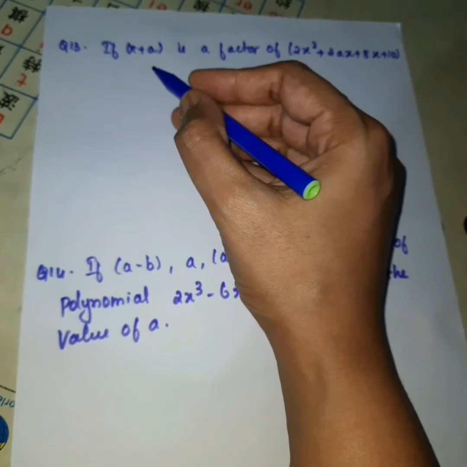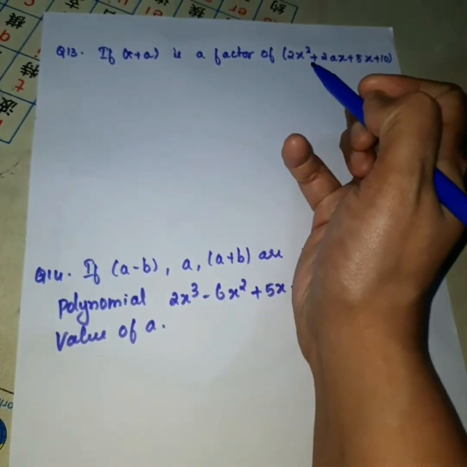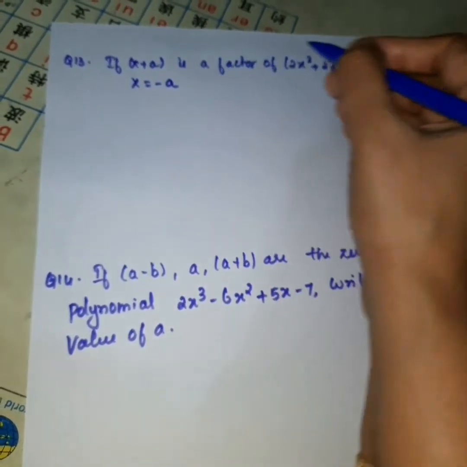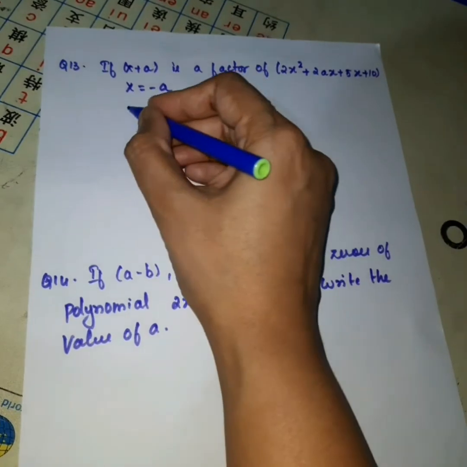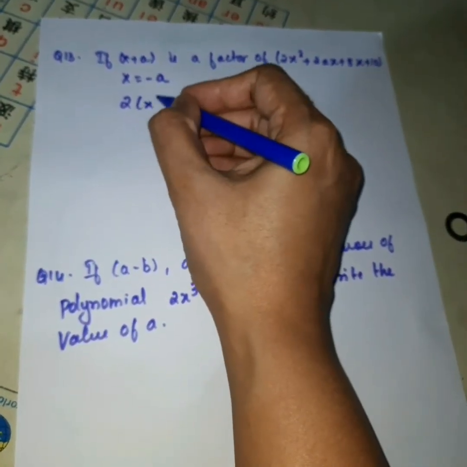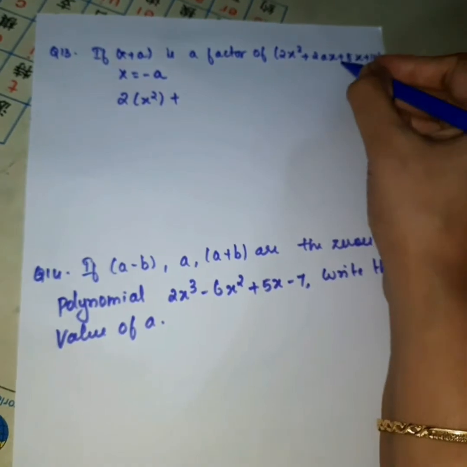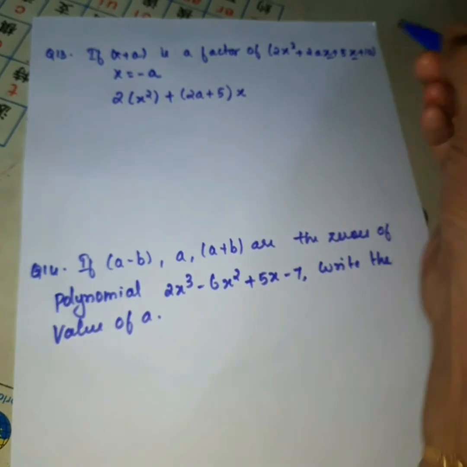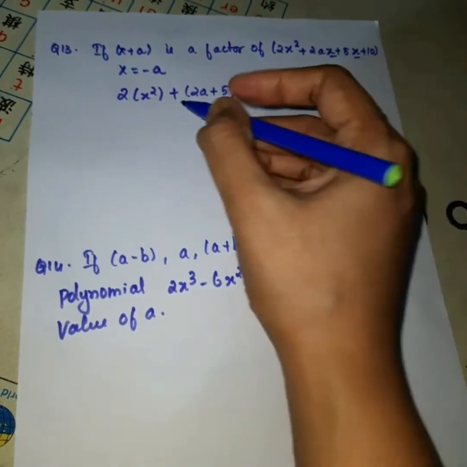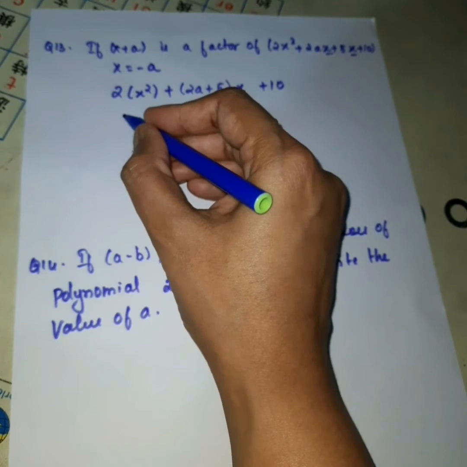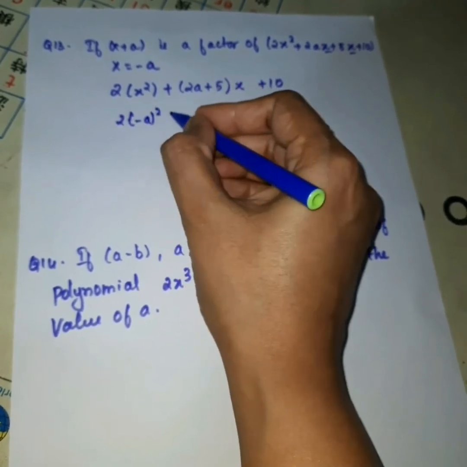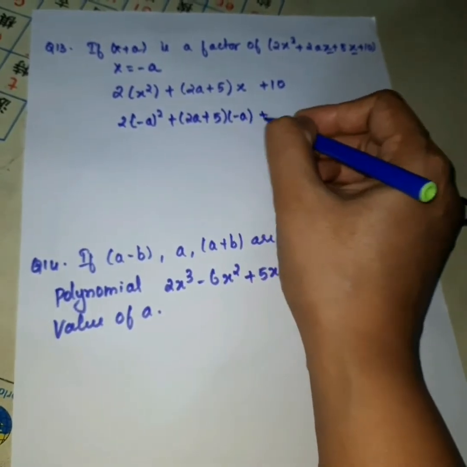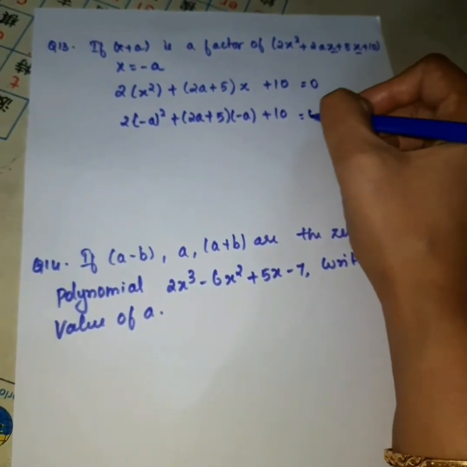Next question 13. If x plus a is a factor of the given polynomial, we can write x as minus a, so that we can substitute, as it is mentioned as a factor of the given polynomial. In the given polynomial, 2 into minus a whole square plus 2a plus 5 into minus a plus 10 equal to 0.